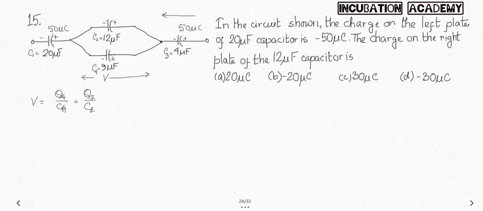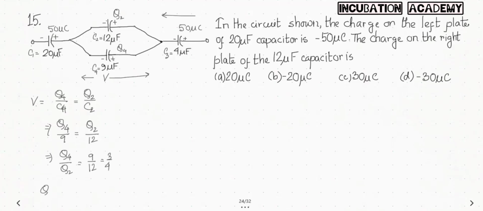Here I have considered that the charge stored in the C2 capacitor is Q2 and the charge stored in the C4 capacitor, that is 9 microfarad, is Q4. Let us put the values. C4 is 9, C2 is 12. So Q4 divided by Q2 becomes 9 by 12, that is 3 by 4.